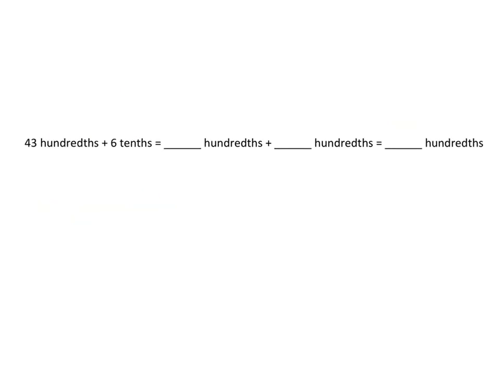All right, our next one says 43 hundredths plus 6 tenths. Okay, so let's make our 43 hundredths plus our 6 tenths. This is the one that we're going to want to change so we can get into the hundredths. And this is all in unit form, this particular example. So let's take 6/10.